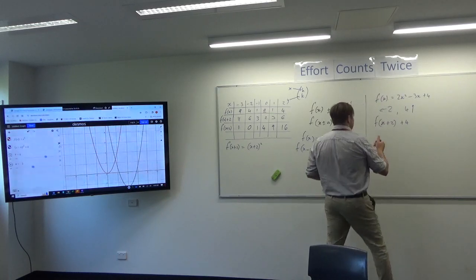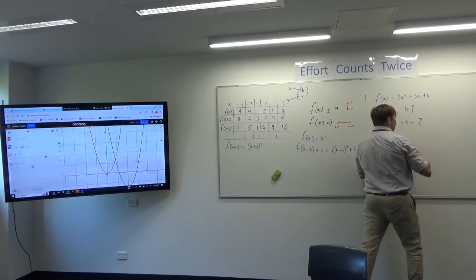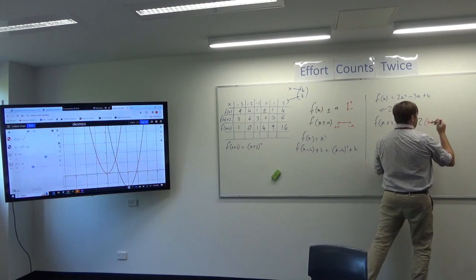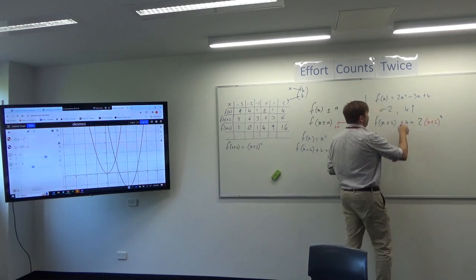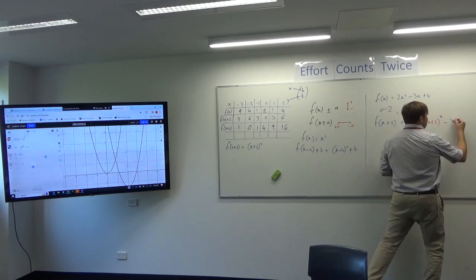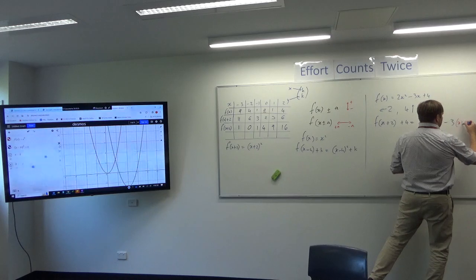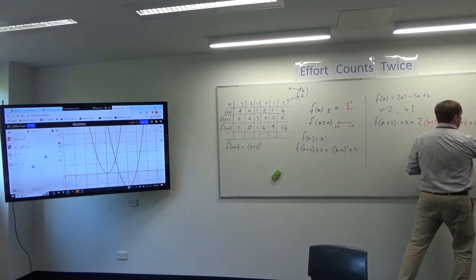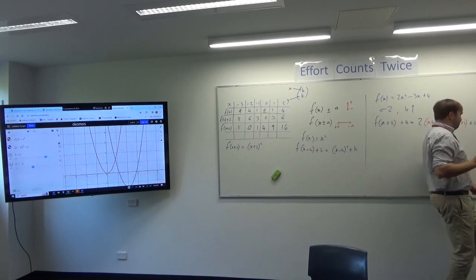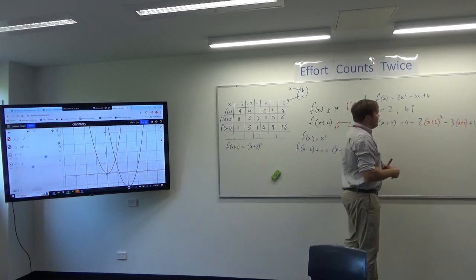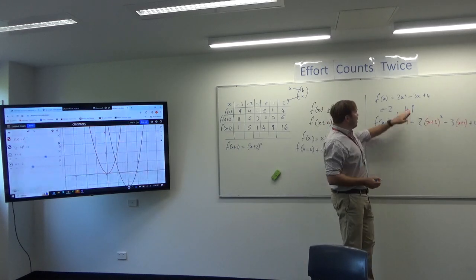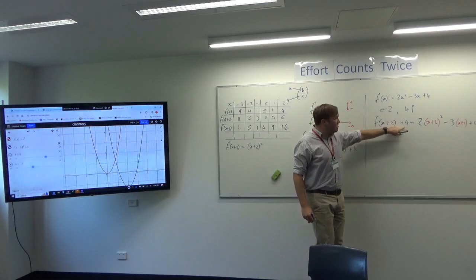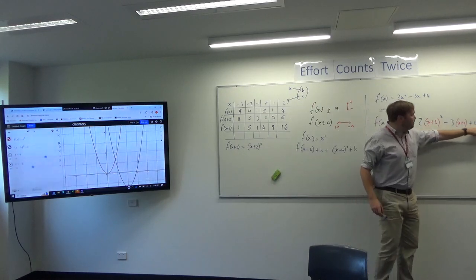I'm going to write in 2(x plus 2) squared, so I've subbed in the x plus 2 there, minus 3(x plus 2) plus 4, and then plus 4. So wherever x is, I've replaced it with x plus 2, and at the end of the function I've added another plus 4.